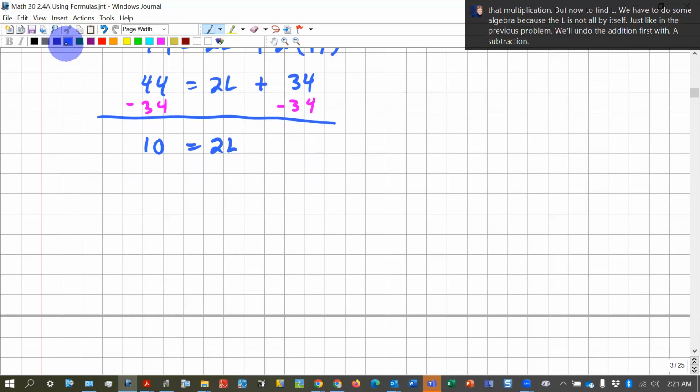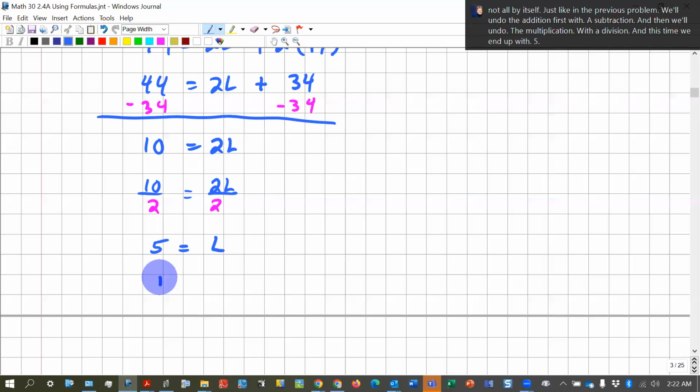And then we'll undo the multiplication with a division. And this time we end up with 5 equals L. In other words, L equals 5.